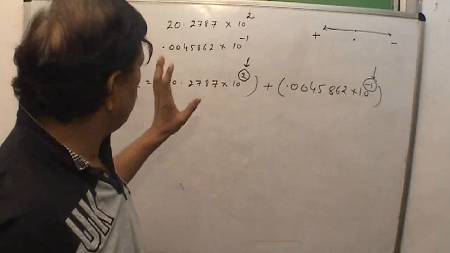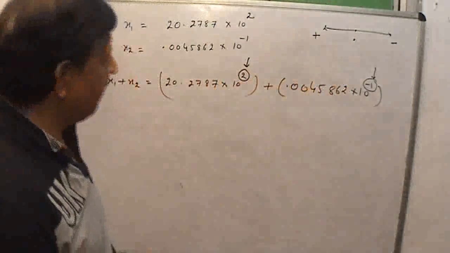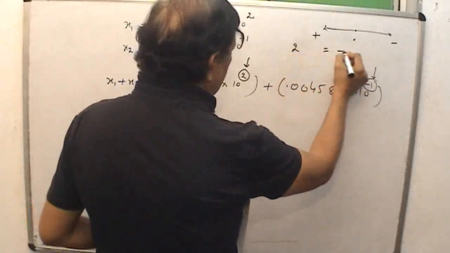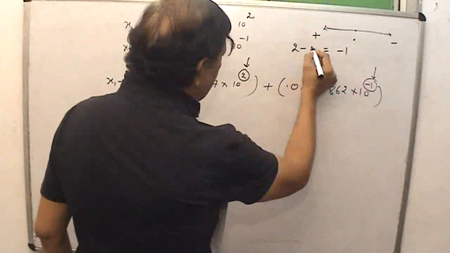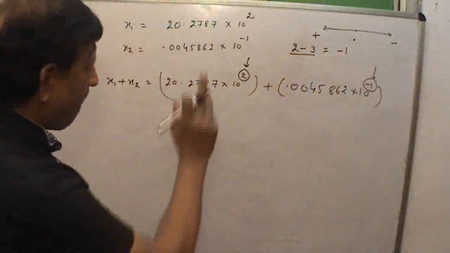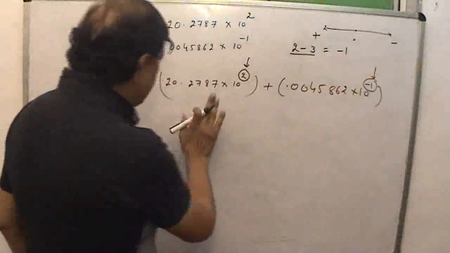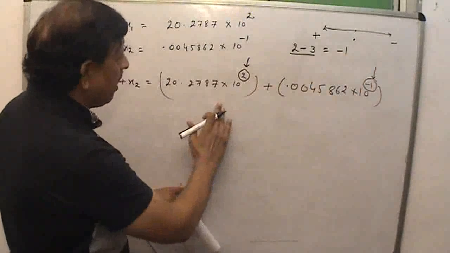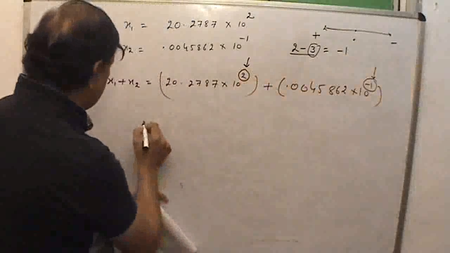Say we want to convert this 2 into minus 1. How is it possible? If we do 2 minus 3, 2 minus 3 means minus 1. Minus means this side. It means in this figure we displace the decimal up to 3 places to the right hand side.